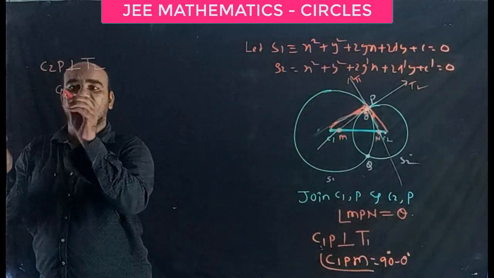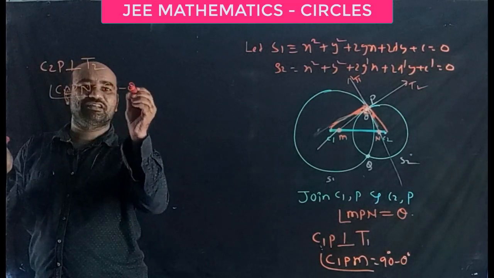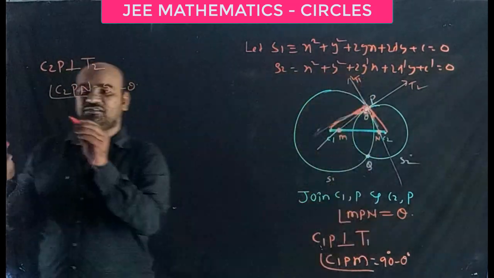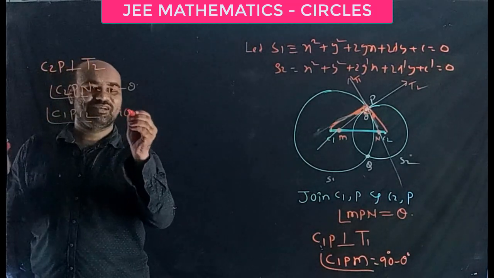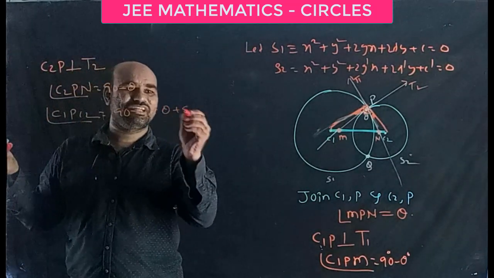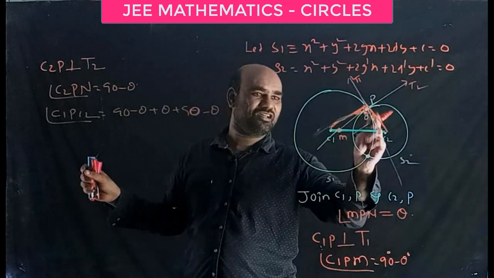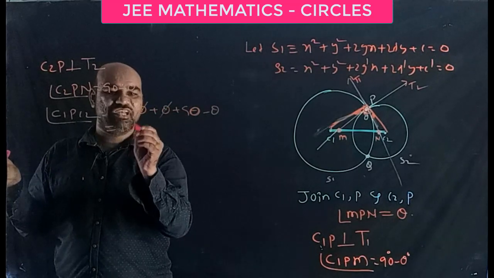Angle C2PN is nothing but 90 minus theta. But I want angle C1PC2, I think 90 minus theta plus 90 minus theta. Here theta gets cancelled, so 180 minus theta.